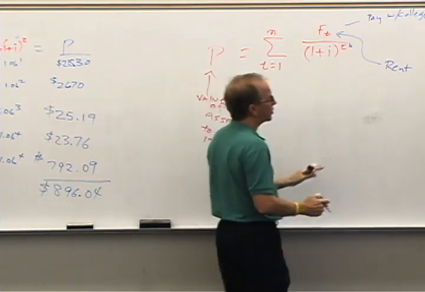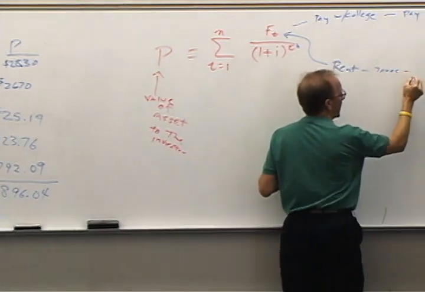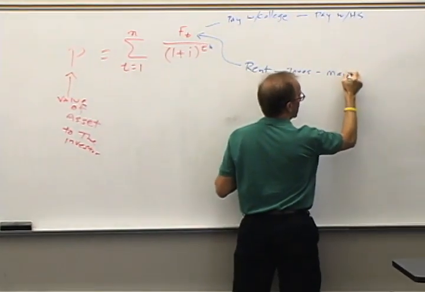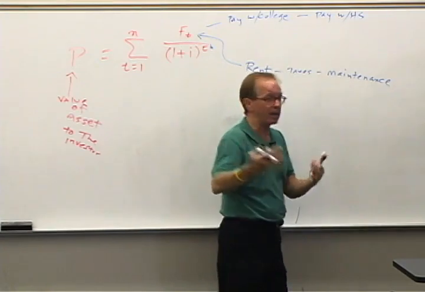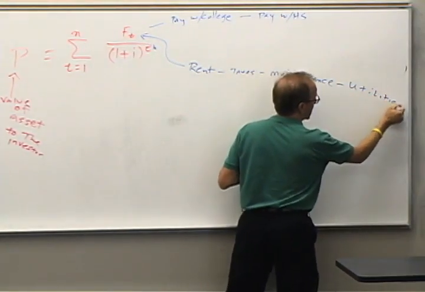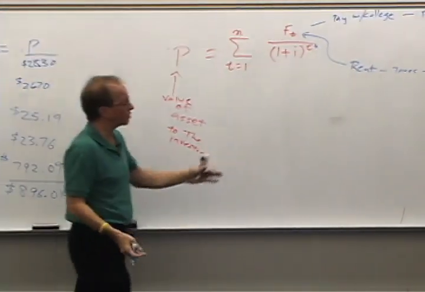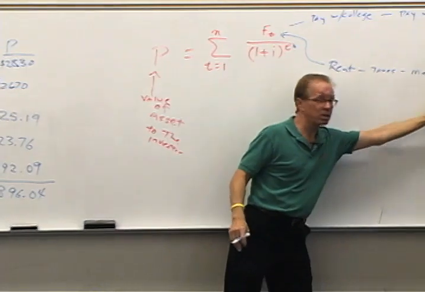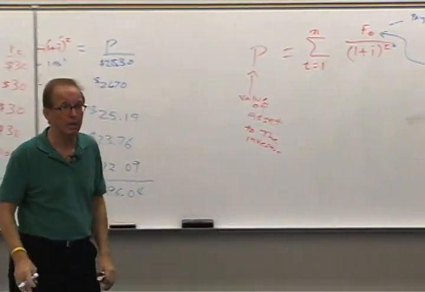But anyway, you'd have a rent payment minus taxes, minus maintenance. If you, the landlord, are paying utilities, minus utilities, and so forth, whatever your costs of doing business are. So you'd have this gross amount minus all these other things that you have to pay out, and then how much you're left with at the end of the month.